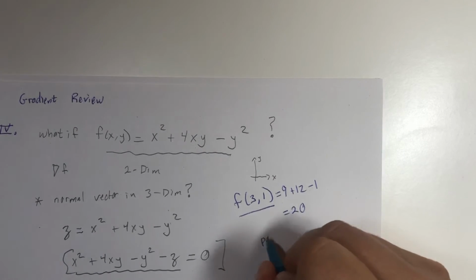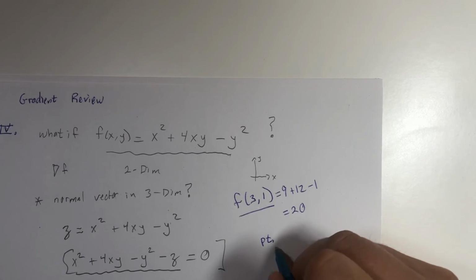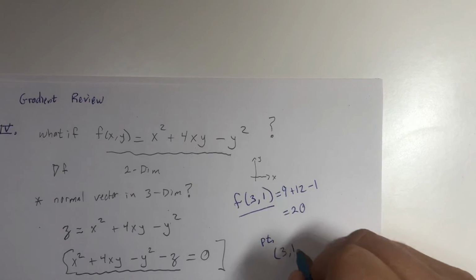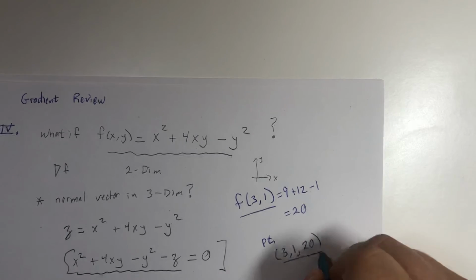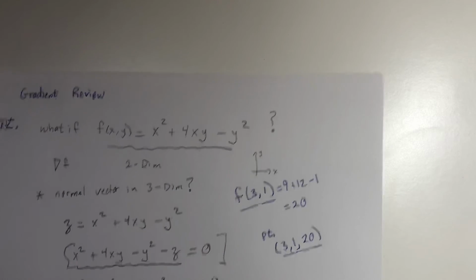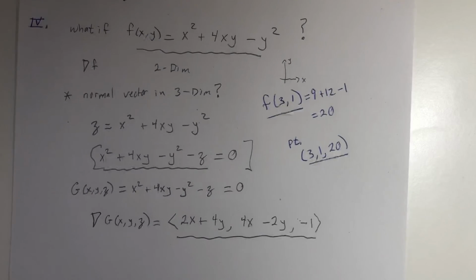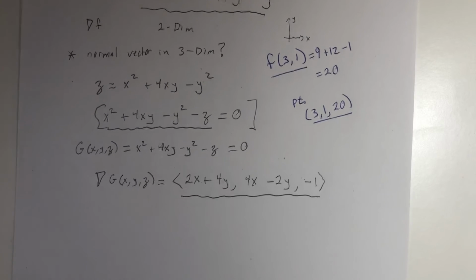So we have a point on the surface at 3, 1, 20. There's our coordinates.